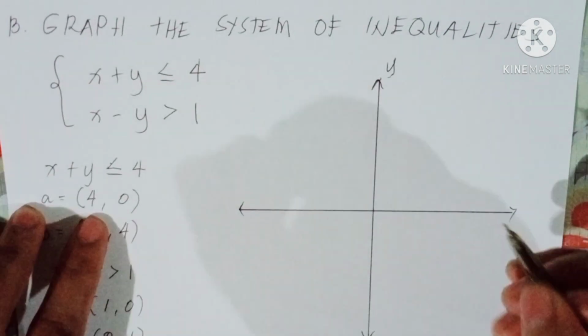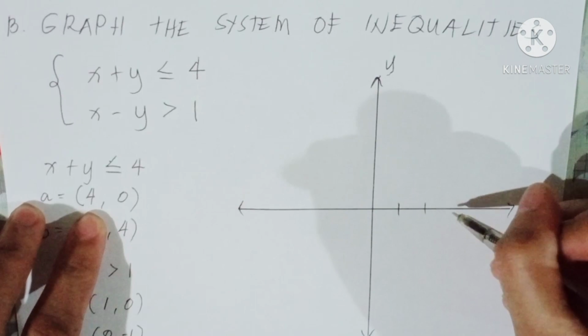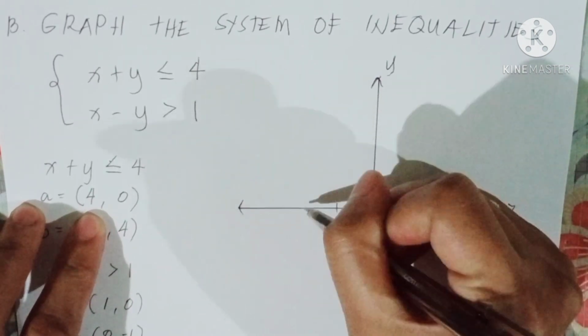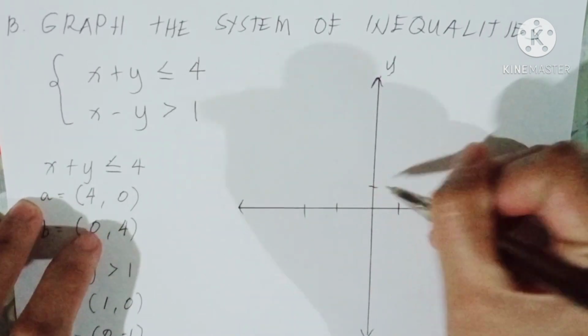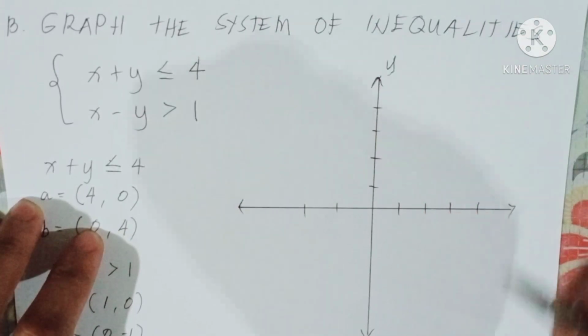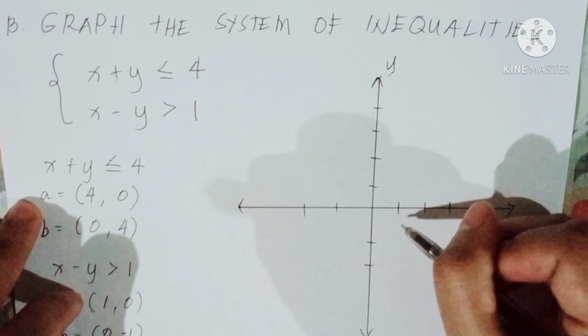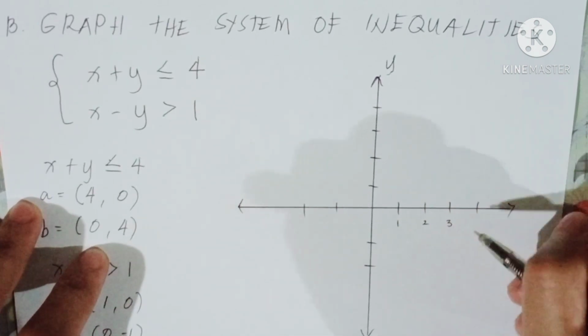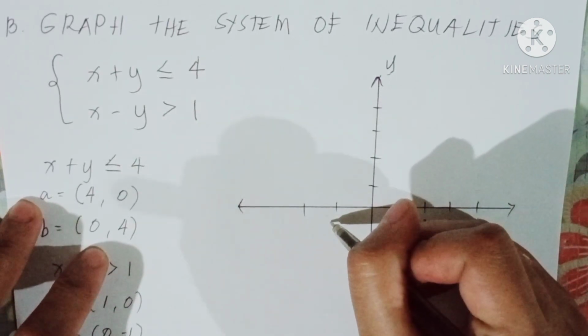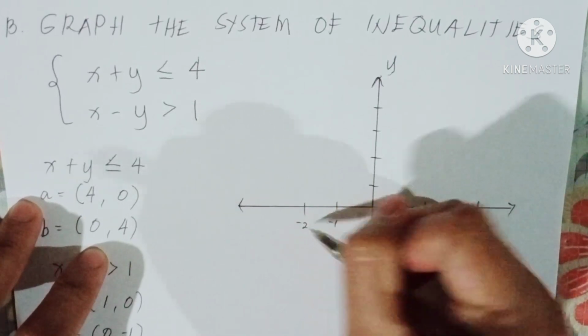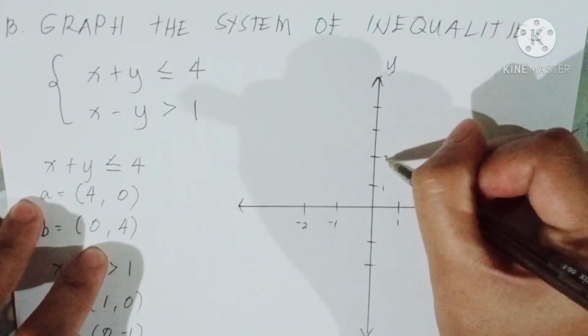So go past 4, 1, 2, 3, 4, 1, 2, then we have 1, 2, 3, 4, and 1, 2. So we have positive here. So please always label your partition plane.